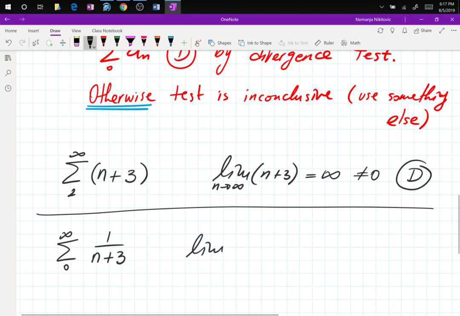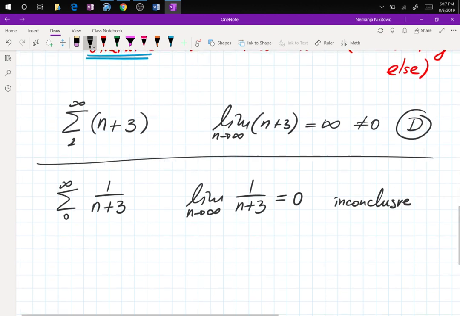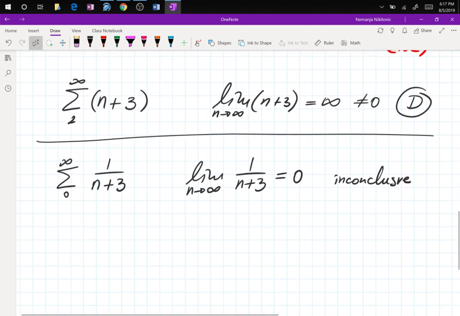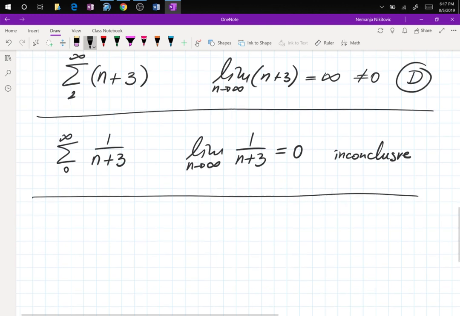We go limit as n goes to infinity of 1 over n plus 3 is equal to 0. Inconclusive. Can't use this test. I have to go use something else. If it's equal to 0, move along.